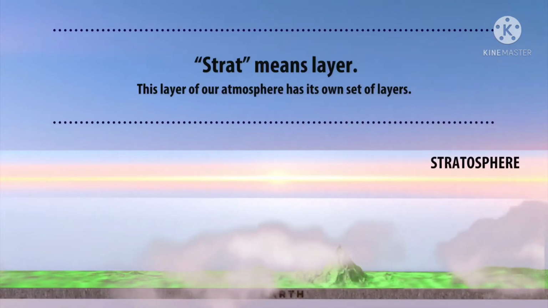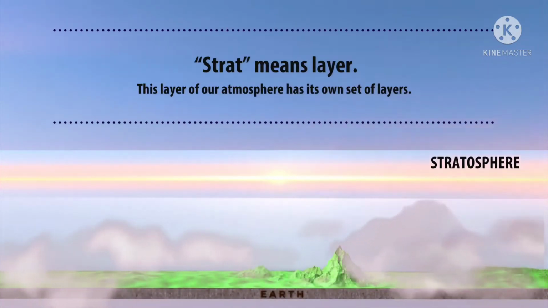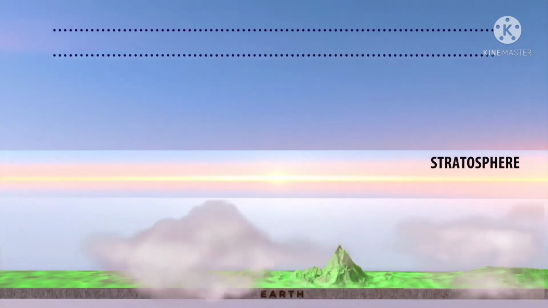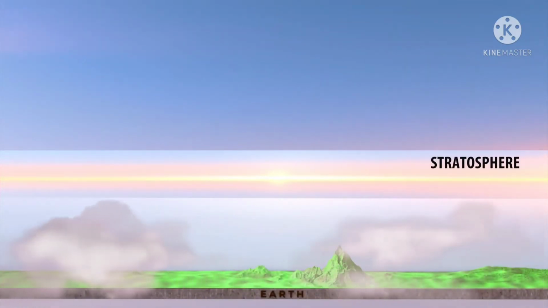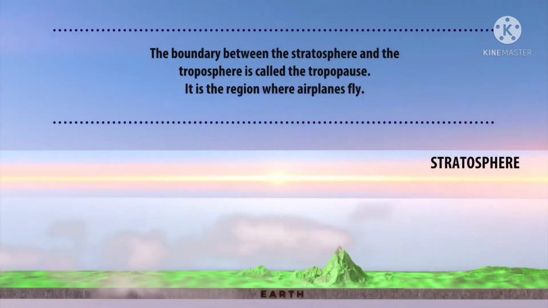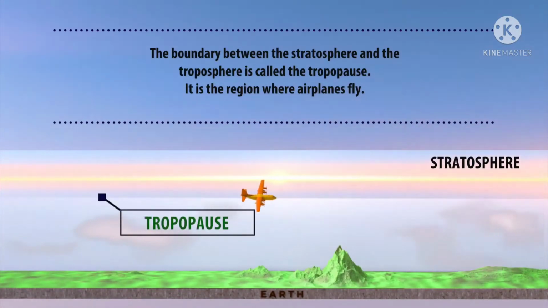Then stratosphere. Strat means layers. This layer of our atmosphere has its own set of layers. The boundary between the stratosphere and the troposphere is called the tropopause.